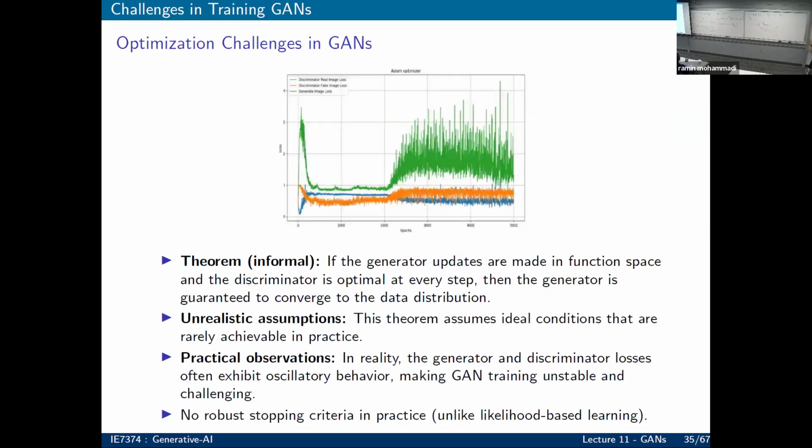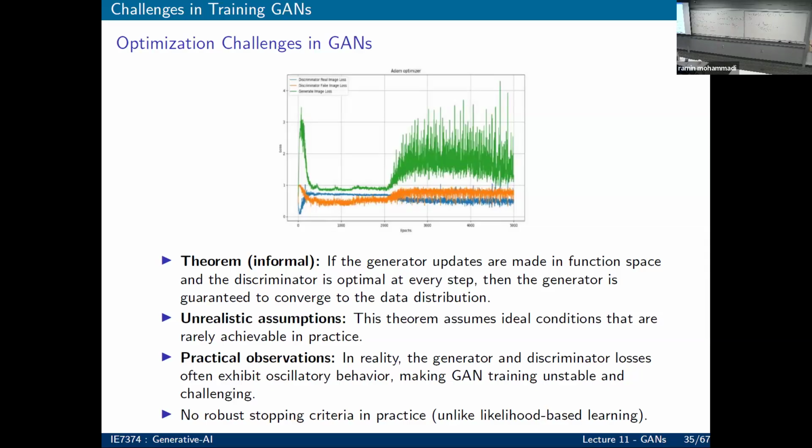Now, there is some optimization that happens for GANs, and there is a theorem behind all of this, though it's kind of informal. The theorem says that if the generator update is done in function space, and the discriminator updates at every step while the generator updates once in a while, for example, the generator is guaranteed to generate perfect data.